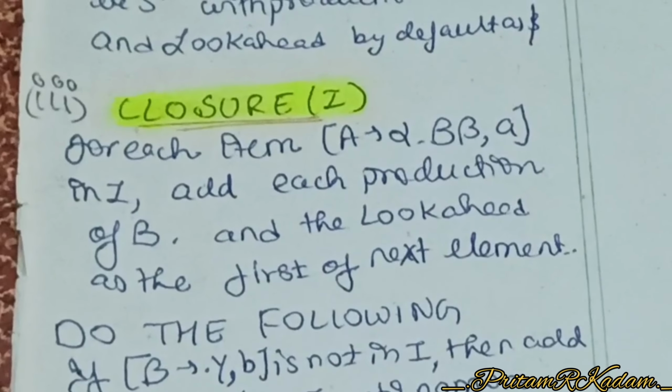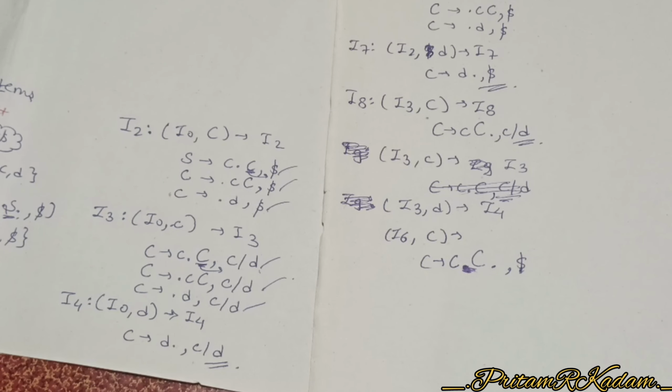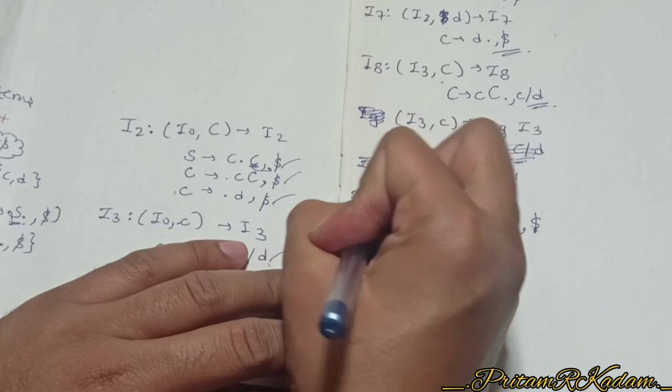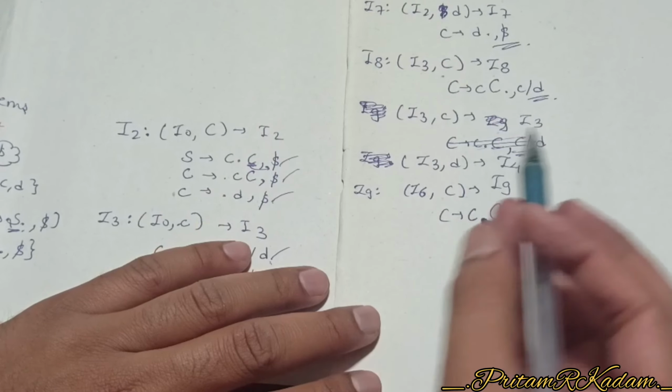If it is not written elsewhere, then we will mark it as a new state. As we don't have the same kind of production with the same look ahead in any other state, I'll mark it as a new state, that is I9. Now we have completed the I6 part.